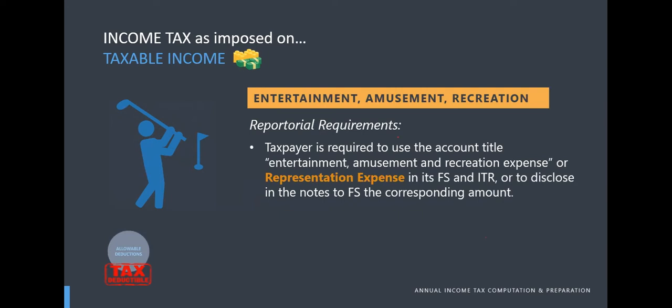And it is required to be disclosed in the notes to the FS as a separate line item. This is one of the priority audits of the BIR. So EAR expense should be reported in the ITR as well as a separate expense item.